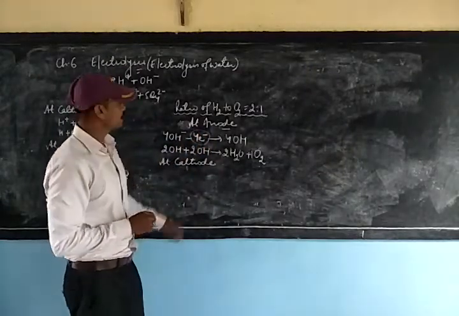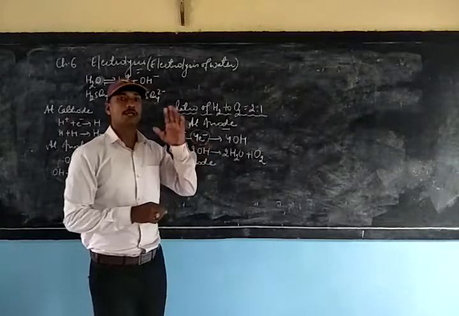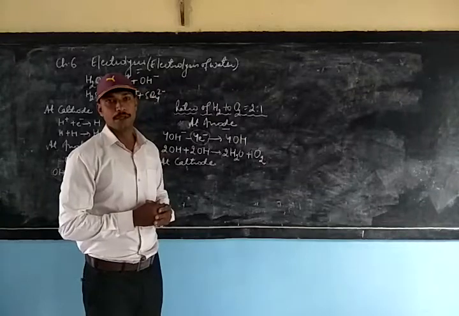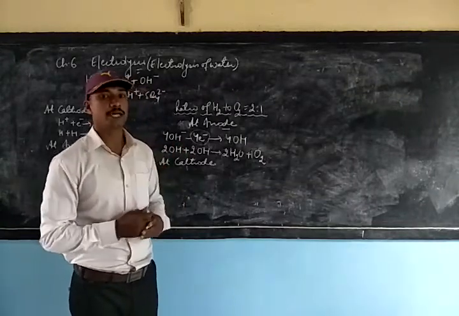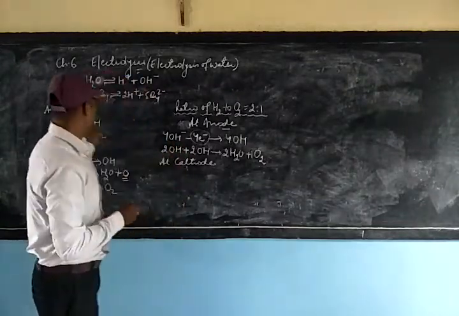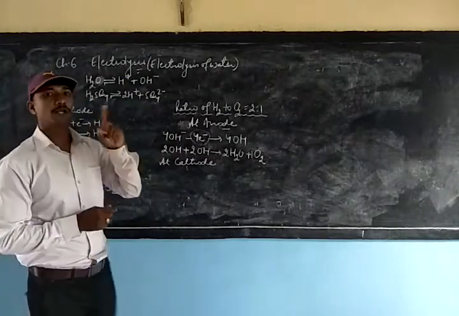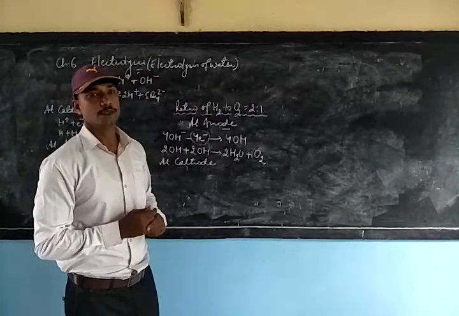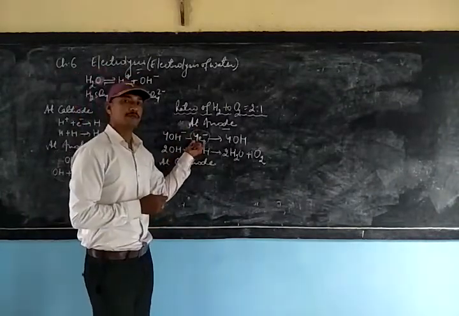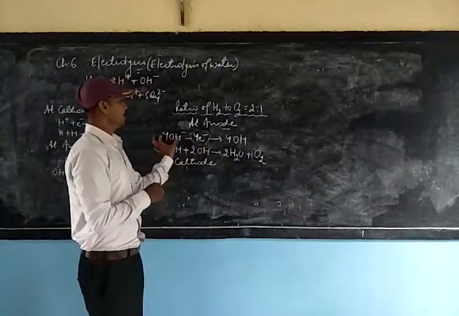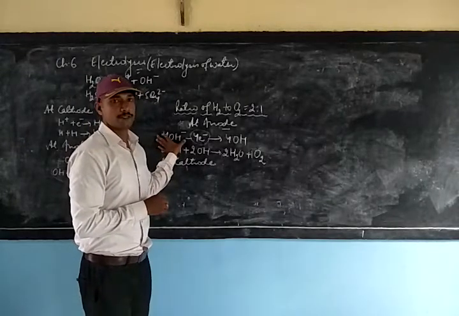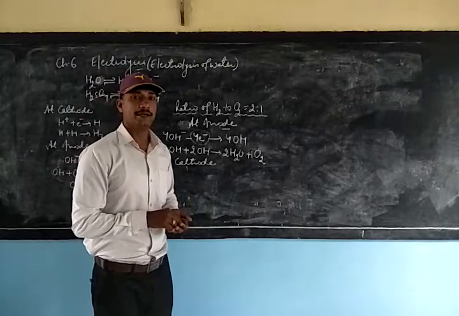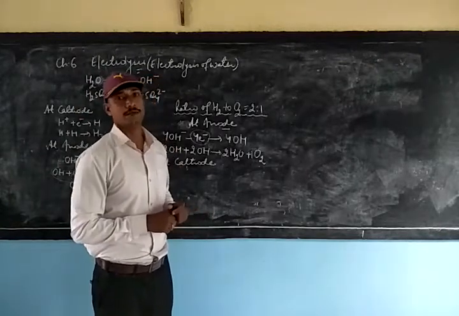It means to say that these 4 electrons should now be gained by some positively charged ions, and in the solution the positively charged ion is hydrogen ion, and 1 hydrogen ion can gain only 1 electron. So these 4 electrons released during the hydroxyl ion being discharged should be gained by 4 hydrogen ions.